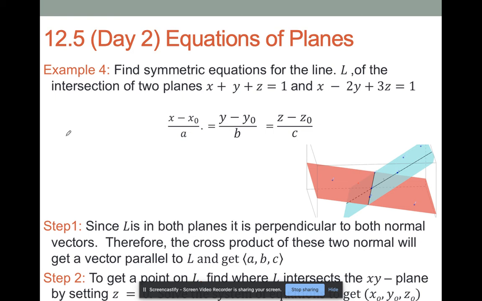All right, so the first thing I want to do is find the cross product, because I have a normal vector in the red. There's my normals, 1, 1, and 1. So normal pink and normal blue.